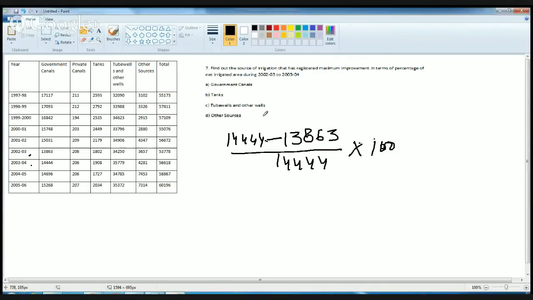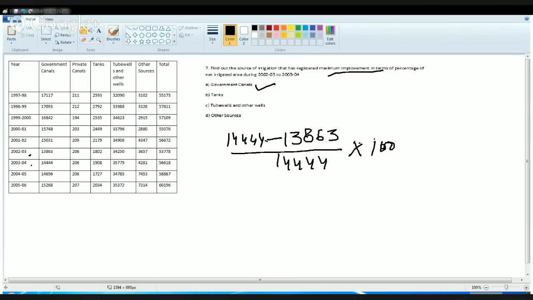That would be the case for government canals. Similarly, I'll solve for tanks, tube wells and other sources, and whichever has the highest value will show the maximum improvement. So this is a simple question to solve.